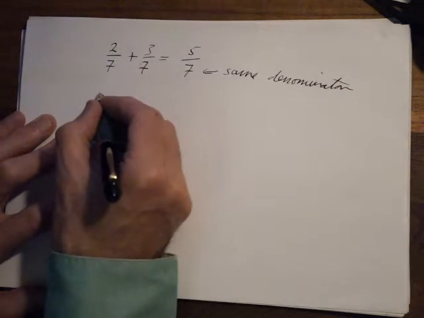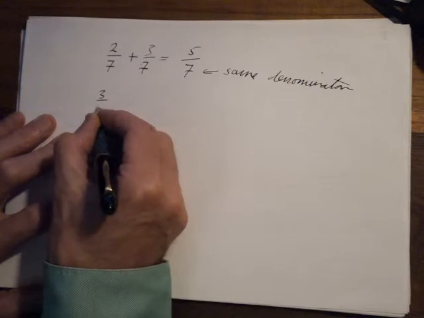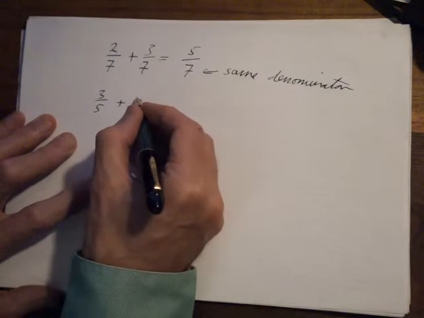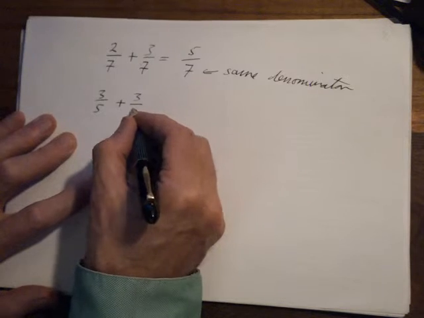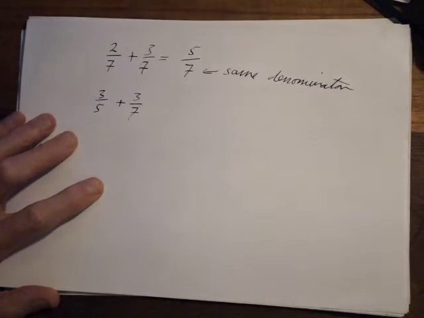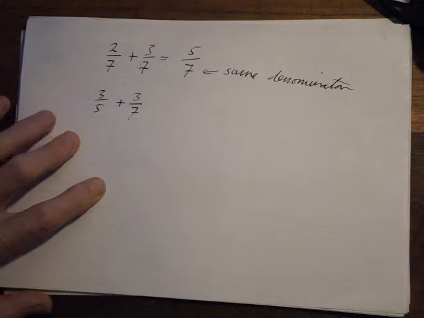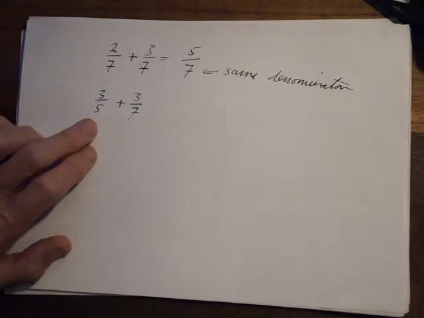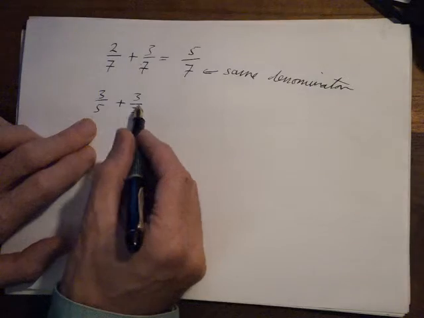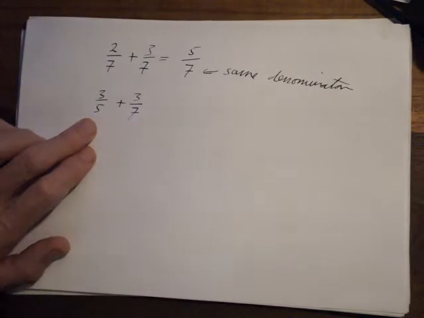So if we look at a problem like adding 3/5 plus 3/7, for example, we can't add those fractions up immediately because fifths and sevenths are different units, different denominators. So we have to put this on the same denominator.